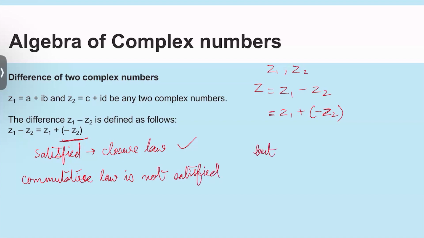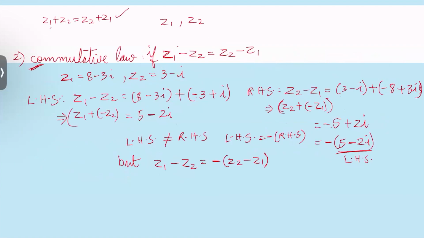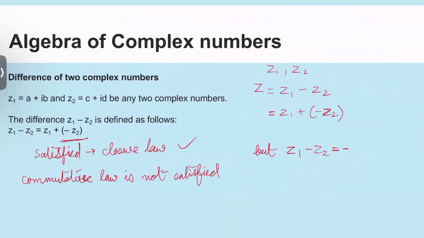But we can say that Z1 minus Z2 is equal to the negative of the answer that we get. So what we can write is Z1 minus Z2 is negative of Z2 minus Z1.